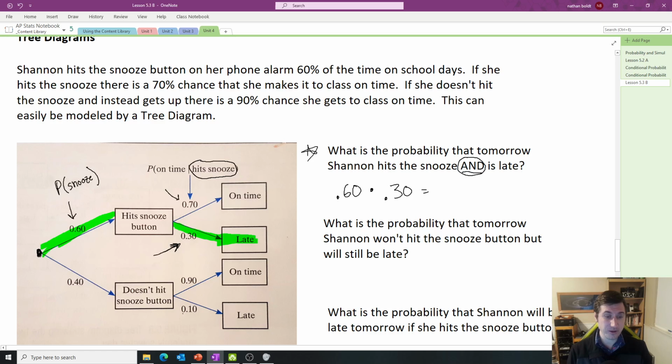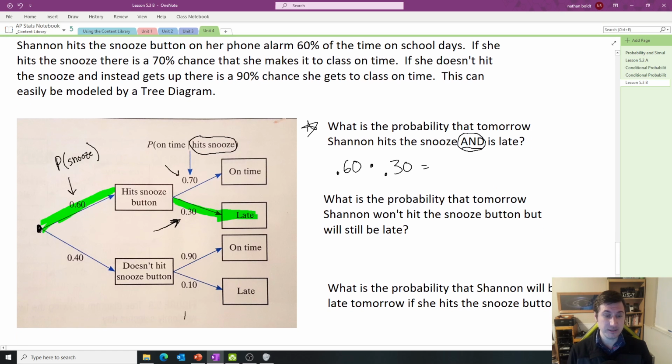So this second round of probabilities here, these are all conditionals. And the condition is right here. Well, that fits our and formula just perfectly. So 0.6 times 0.3 is 0.18. So on any random day, there is an 18% chance that Shannon will hit the snooze and be late.